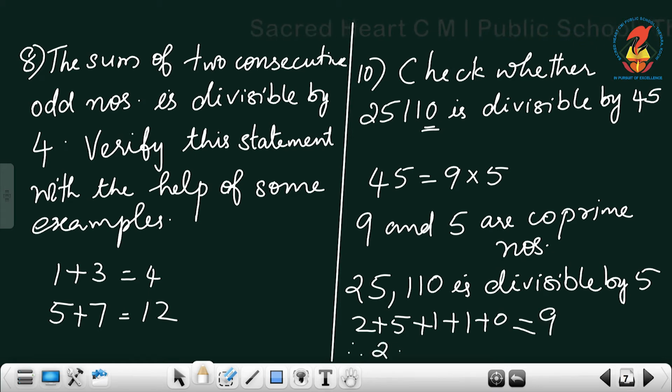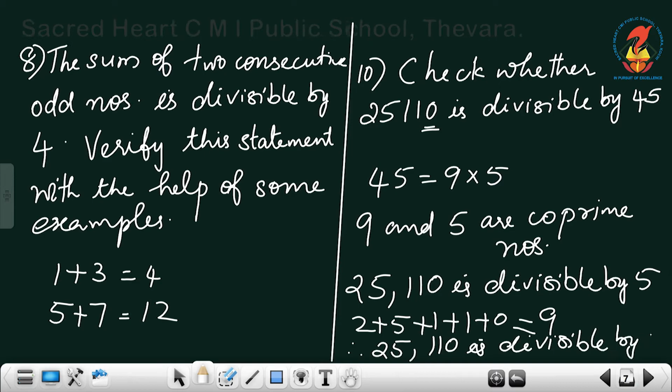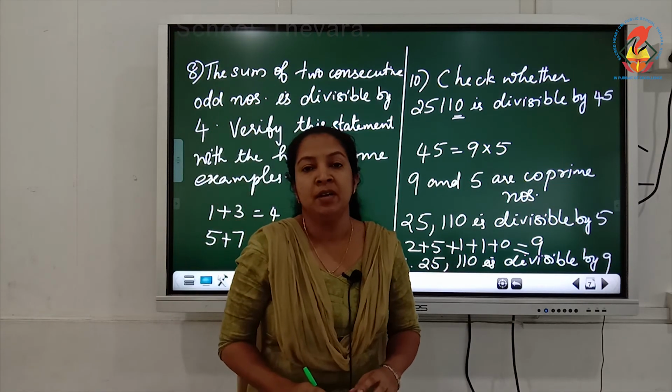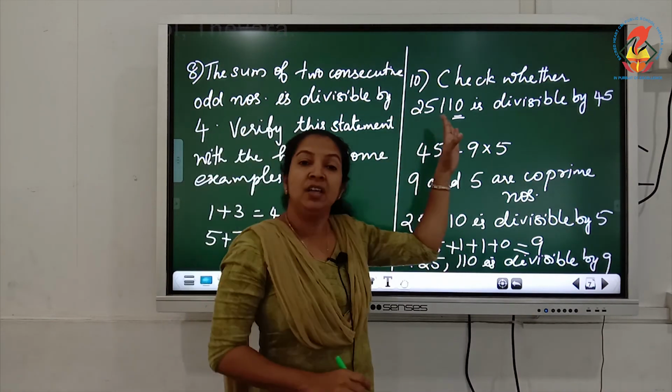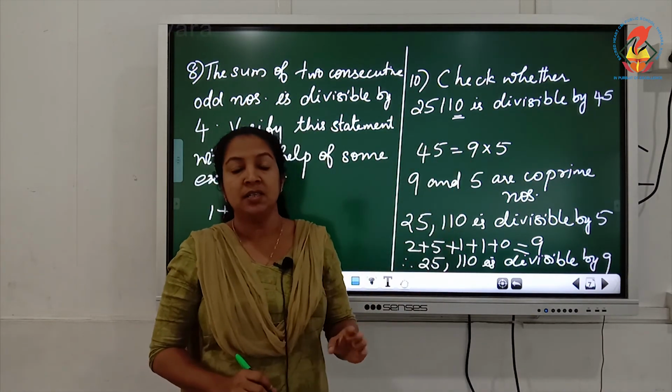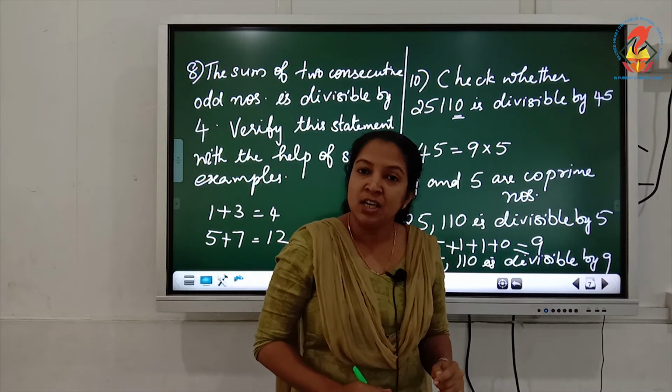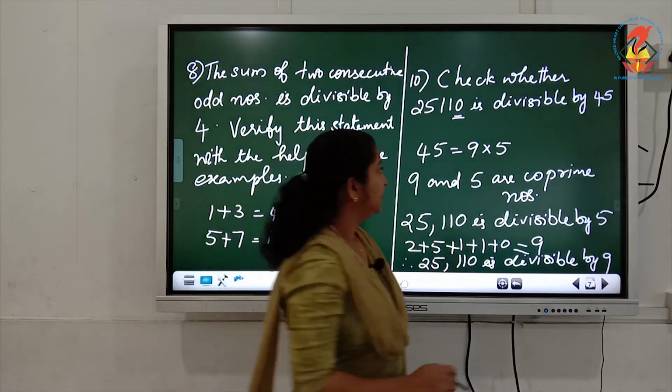So 25,110 is divisible by 9. Since 5 and 9 are co-prime numbers, we can say that 25,110 is divisible by 9 into 5, that is 45.